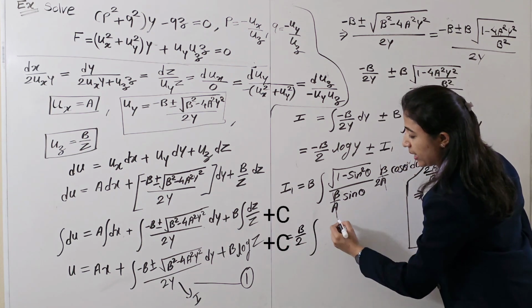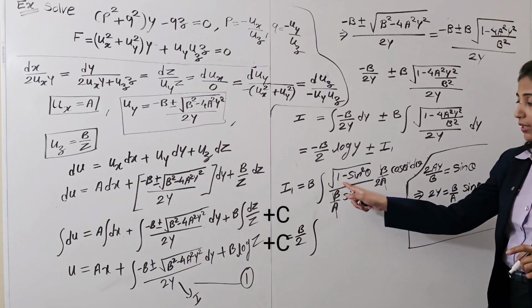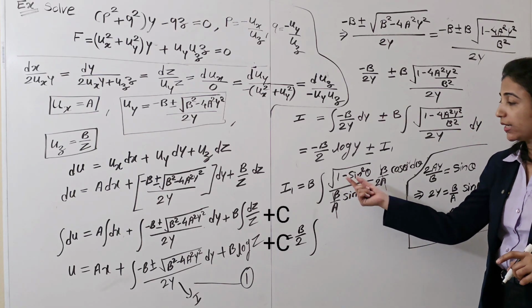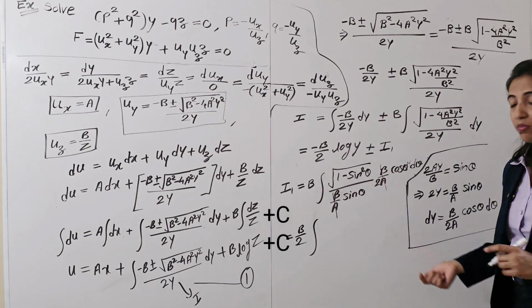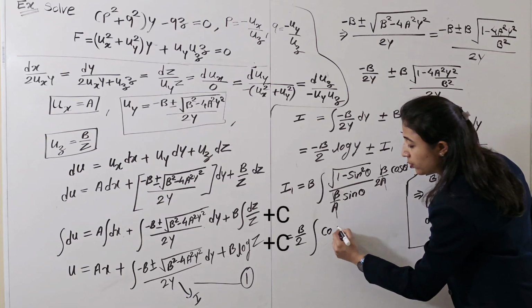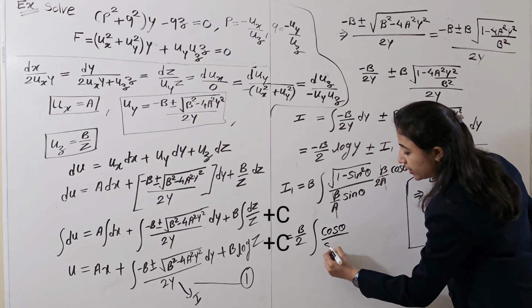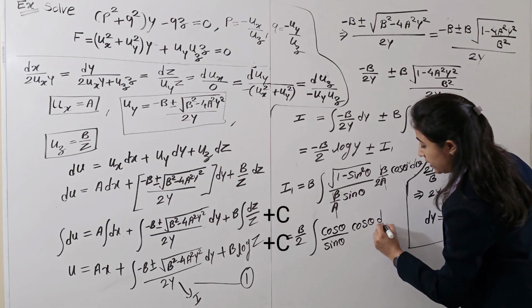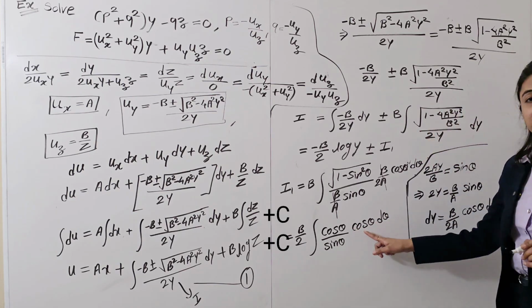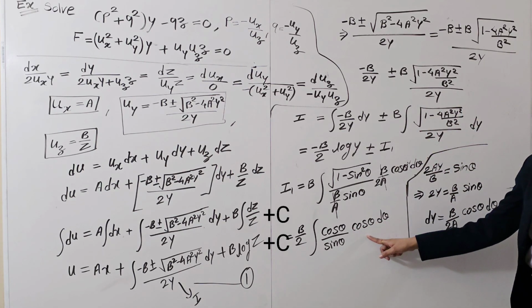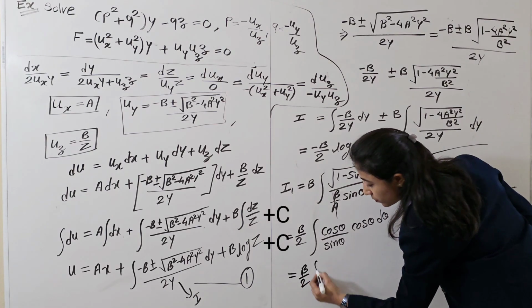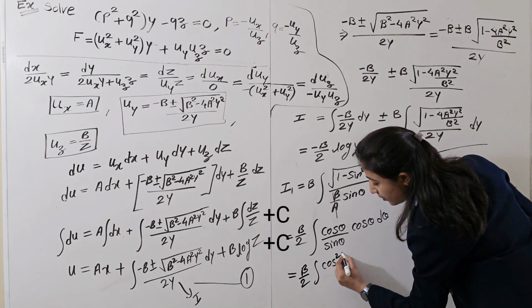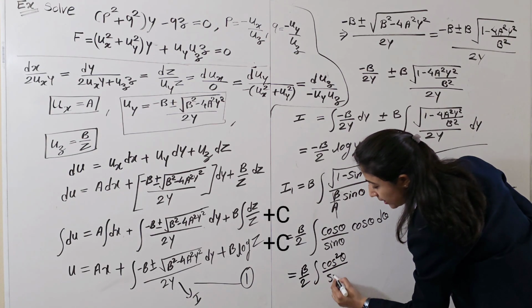Integration of 1 minus sine square theta, by trigonometric identity it is cos square theta, and root of cos square theta is cos theta, divided by sine theta into cos theta d theta. Cos theta into cos theta becomes cos square theta. So b by 2, it is cos square theta divided by sine theta.